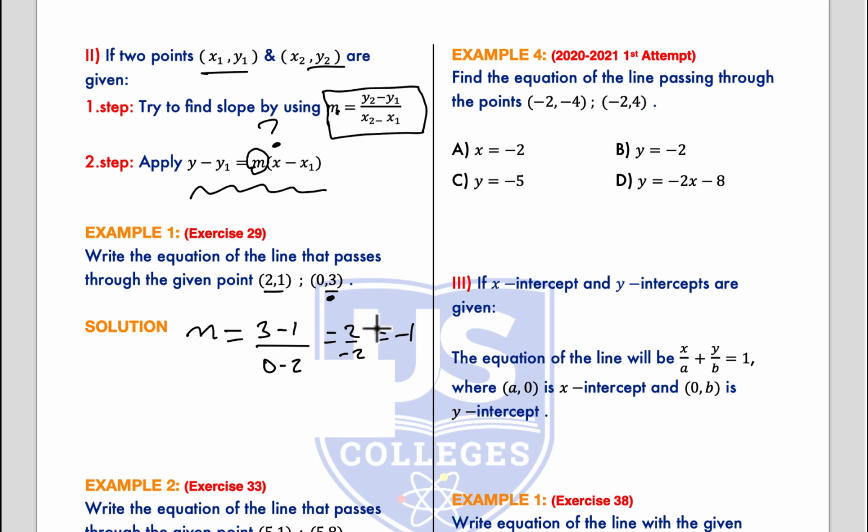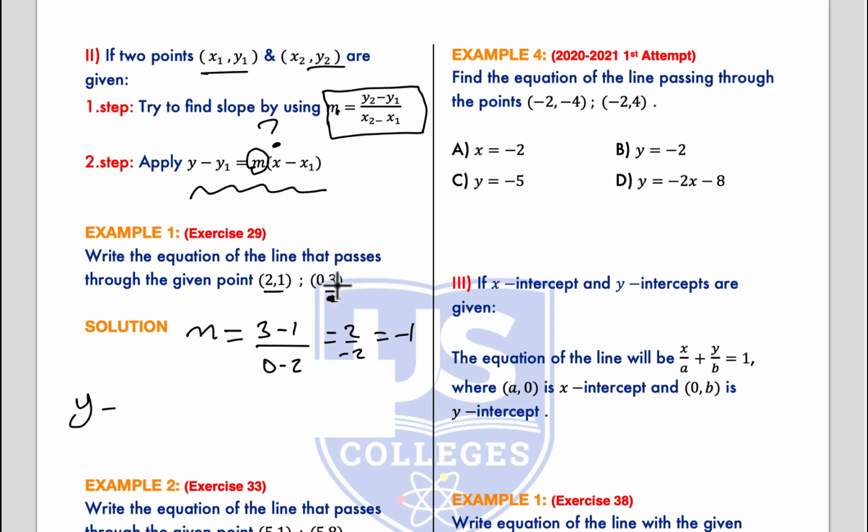So I know the point. I know a slope. I know 2 points. Pick one of them. Pick an easy point for you. Apply the rule. Y minus y1. I prefer this point. This seems easier. Whenever I have 0 as one of the components, I find this easier. So I will use this point.